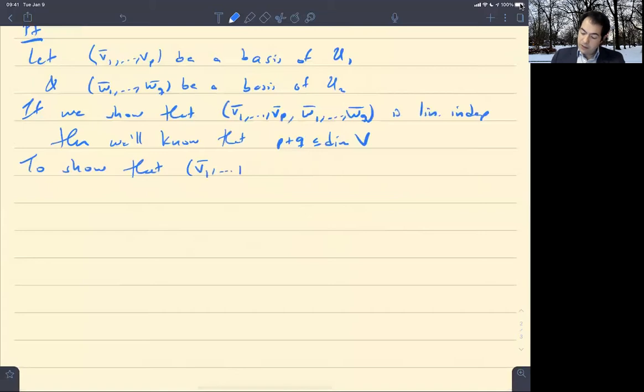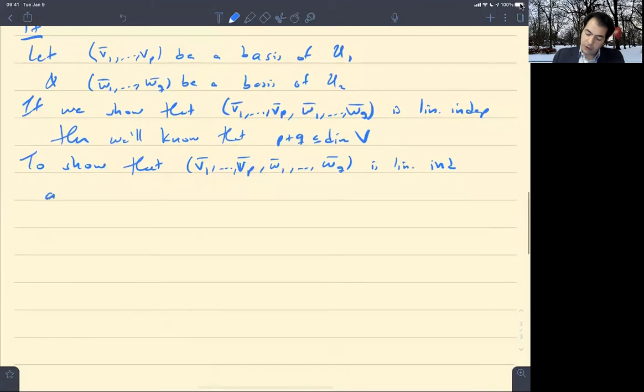Okay, now as we said last time and times before that, every proof of linear independence starts the same way. To show that this is linearly independent, assume that you have a linear combination. Let's call it the sum of AJ VJ plus the sum of BJ WJ.